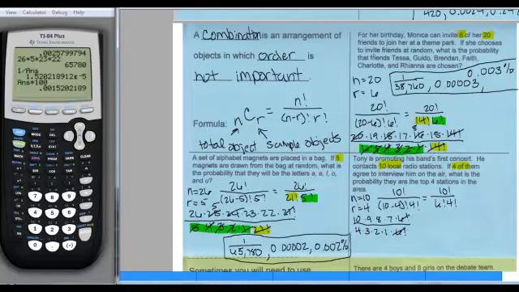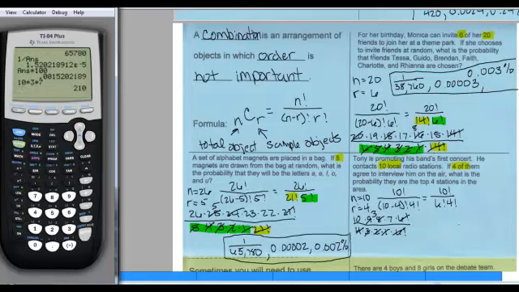Those cancel. 1 cancels. 4 times 2 is 8. 9 divided by 3 is 3. So in your calculator, 10 times 3 times 7 is 210. So it's 1 over 210.